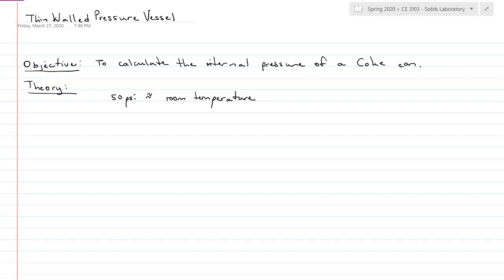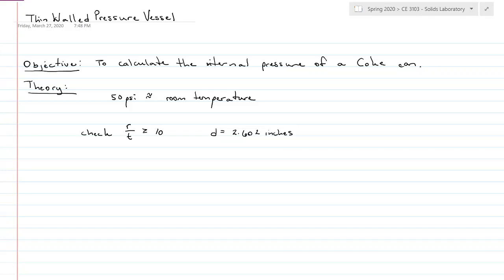Now remember, for thin wall pressure vessels, we first have to check R over T greater than or equal to 10. Because if it's not, that changes all of our calculations. So I measured the Coke can, and I get a diameter of 2.602 inches.